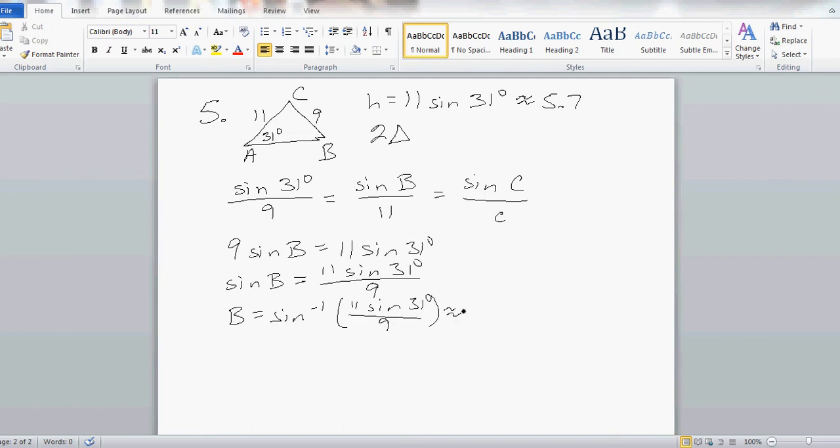And after punching this all into the calculator, taking the arc sine of 11 sine of 31 degrees divided by 9, and rounding to the nearest degree, we get 39 degrees. Quickly calculating angle C, C would be 180 minus the 31 plus 39, 180 minus 70, which is equal to 110.